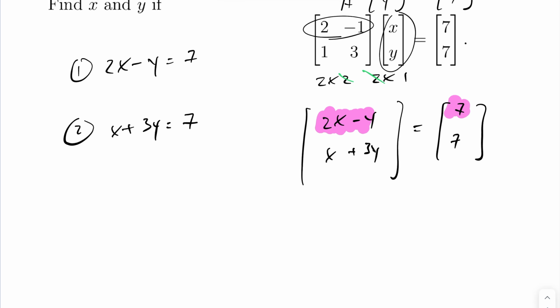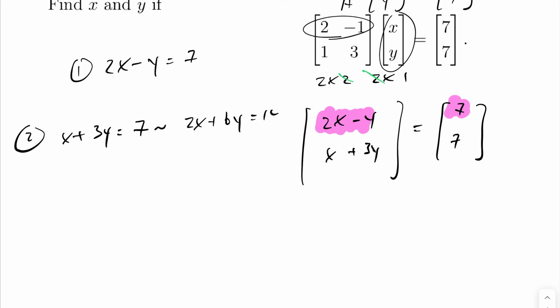And then we just want to solve this. This is back to a basic question from secondary school where you're just solving two equations, two unknowns. You can do this however you like. I'll take the second equation and double it, so this is going to be 2x plus 6y is 14.